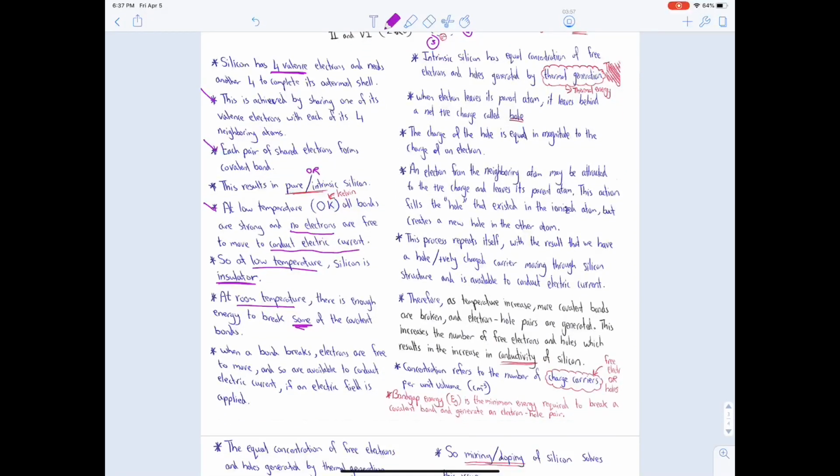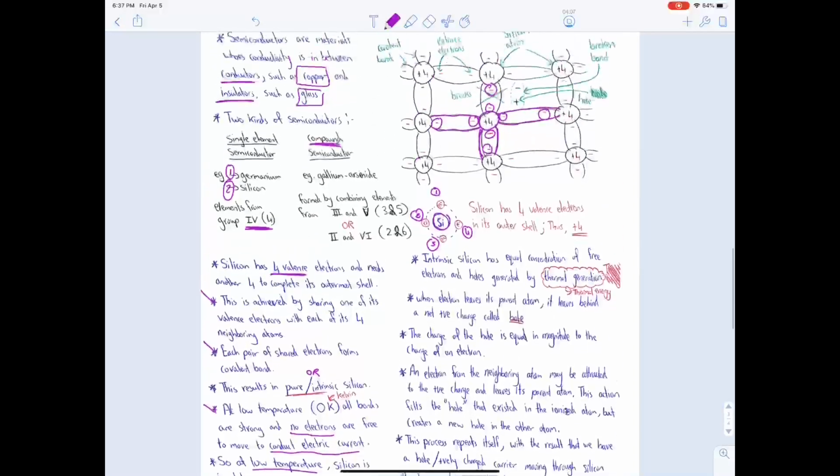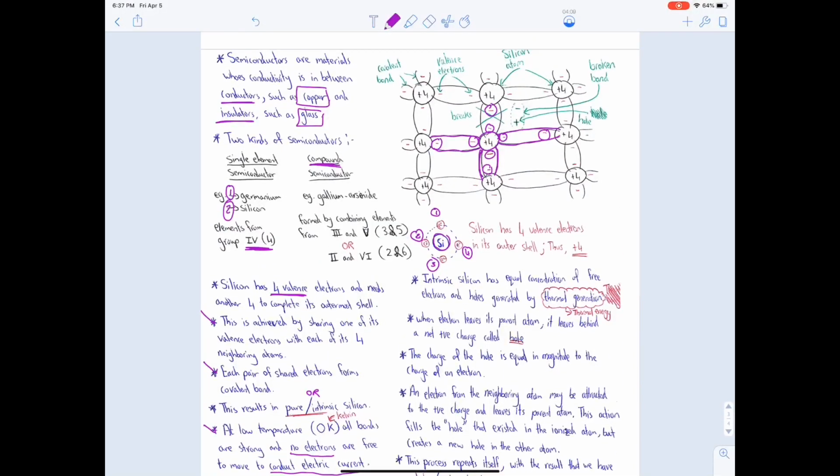So here, when a bond breaks, electrons are free to move and are available to conduct electric current if an electric field is applied. Now, in the pure silicon, there is equal concentration of electrons and holes generated by thermal generation. Thermal generation is the same as thermal energy.